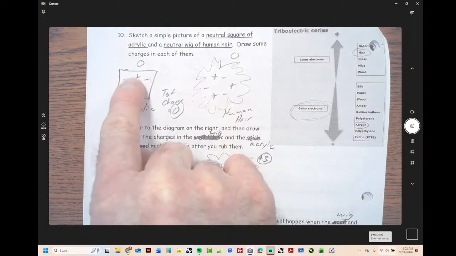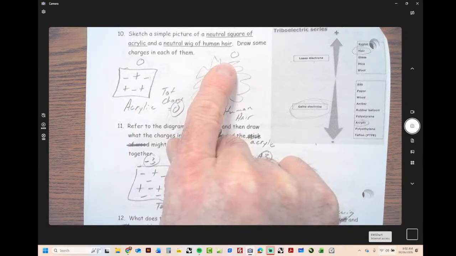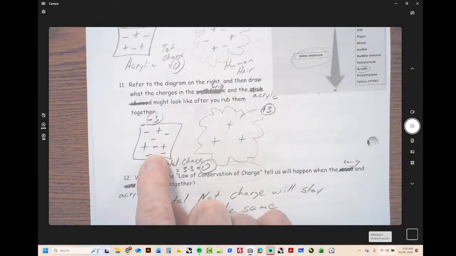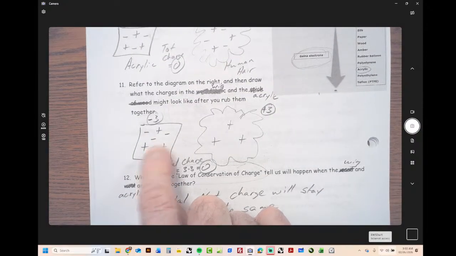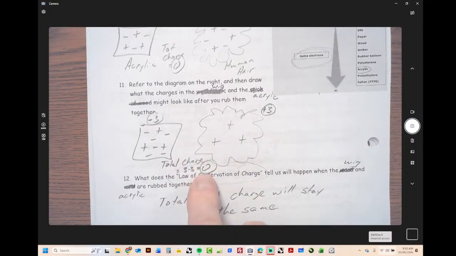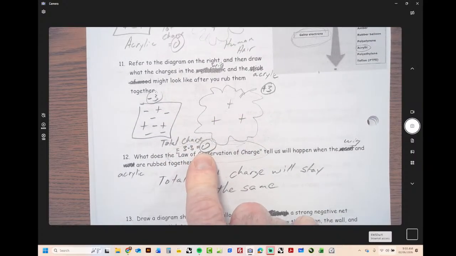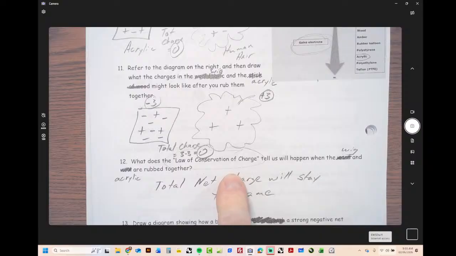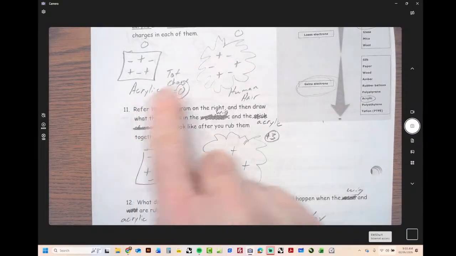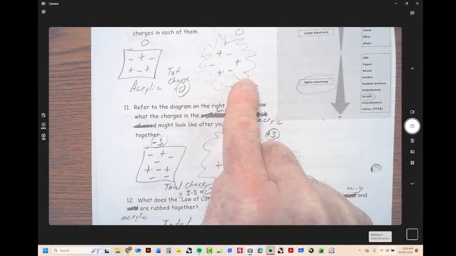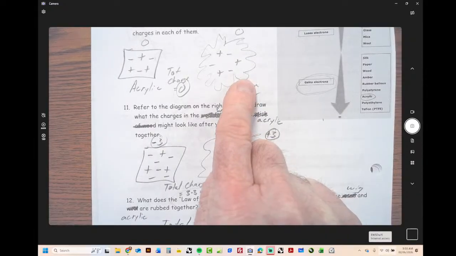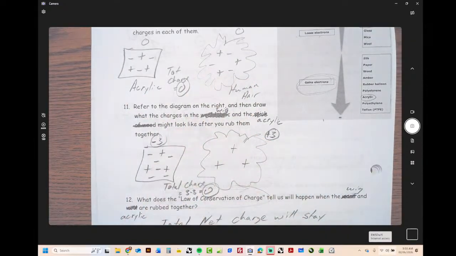So this has got a net charge of 0 to begin with, so does this. But after rubbing, this becomes negative 3, and this is positive 3, but still the overall charge is 0. And that's called the law of conservation of charge. It's like momentum. You know, these two things crash into one another. This one can gain momentum, but if it does, this one has to lose momentum because the total momentum stays the same.